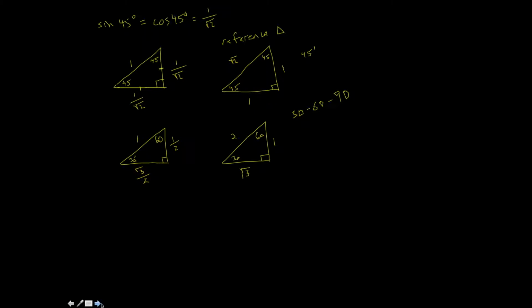All right, so how do we find a reference triangle? Well, let's suppose for a second that you have some angle drawn here, and let's make it viewable. And this angle that's right here, this is going to be alpha.